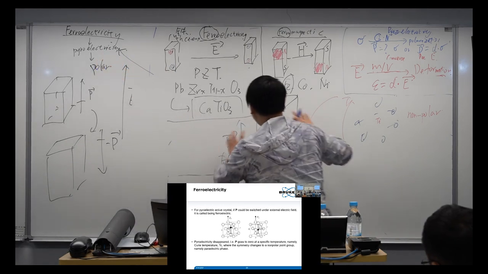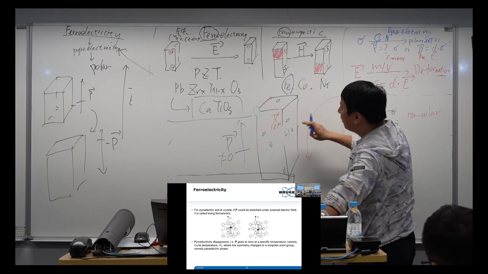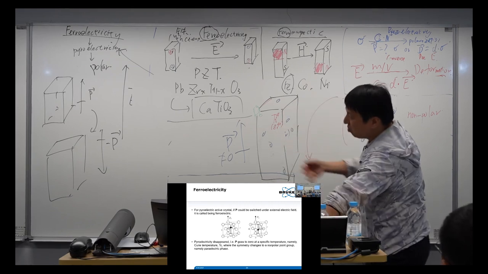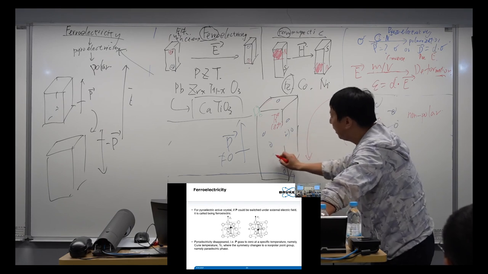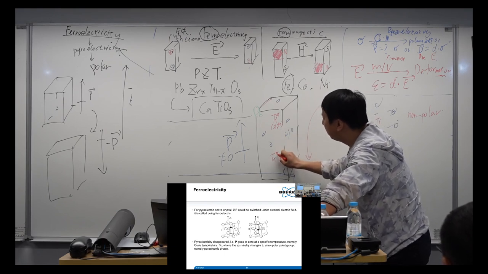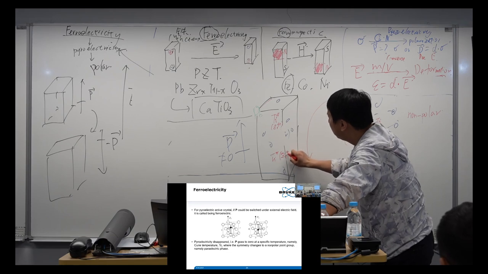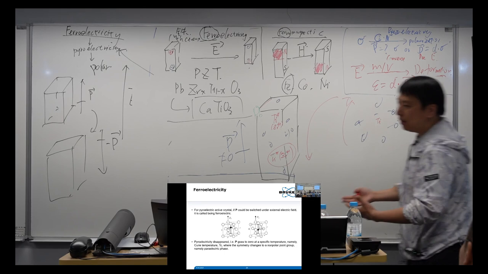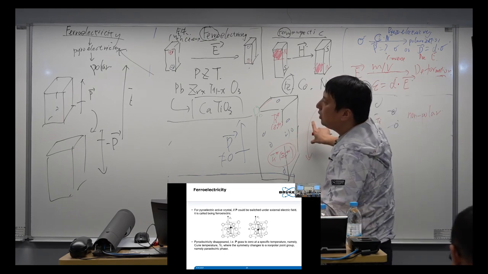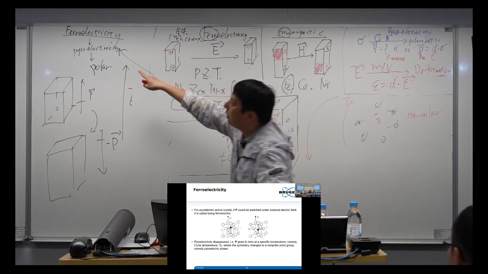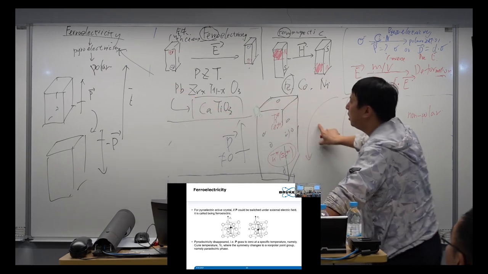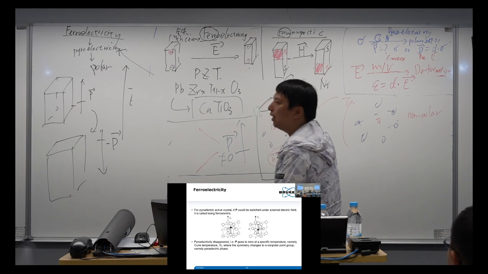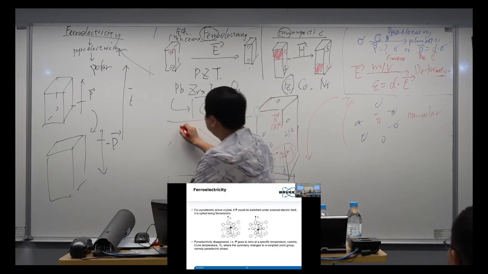Okay, and in this structure, we have the titanium on top, so in principle, we can have the titanium on bottom. That means if a material is pyroelectric, or if a material is polarized, in principle, it should have 2 states.